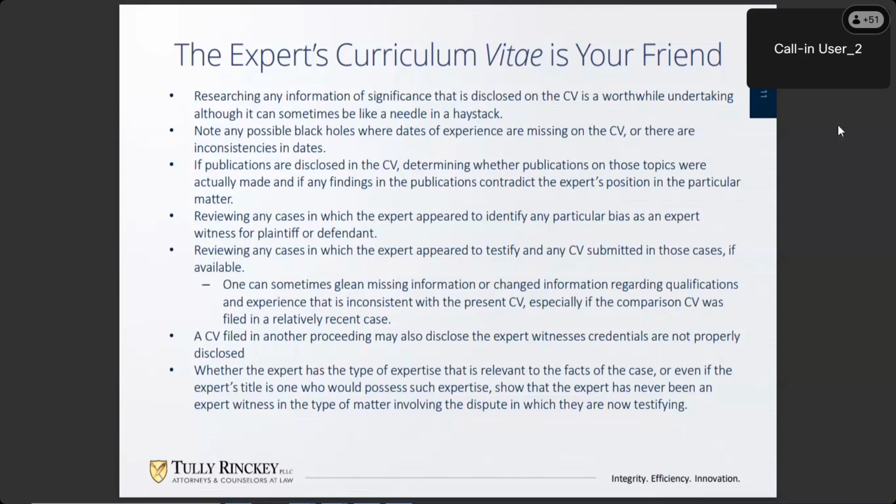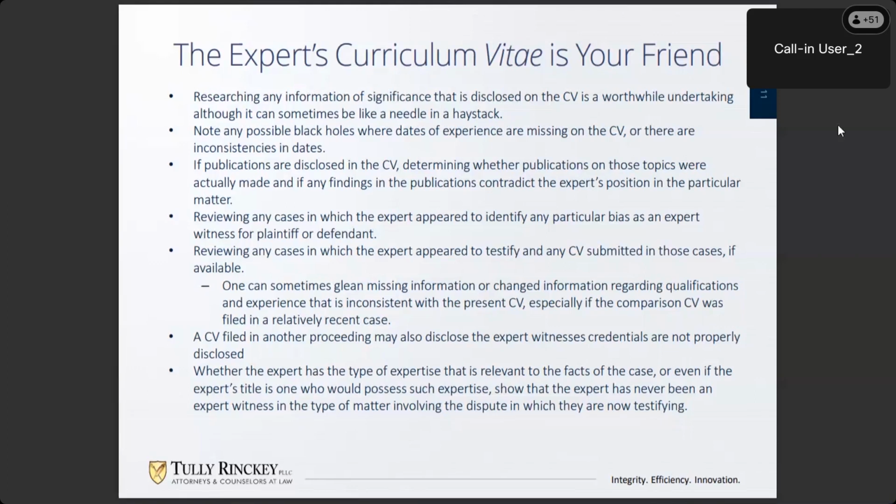Moving on to the next, another thing that I've done before is research whether an expert has ever been sued by a party or a client.